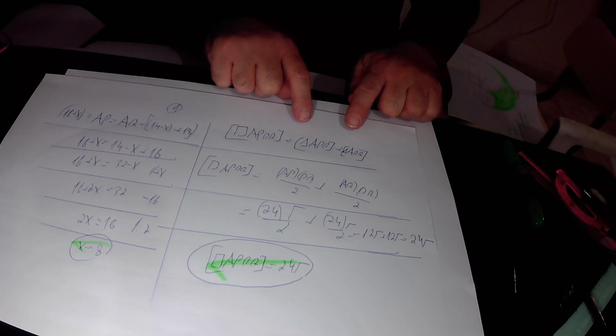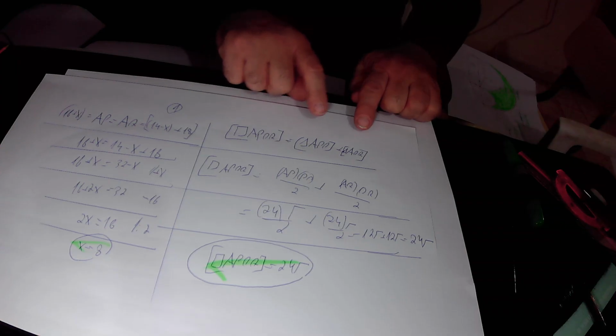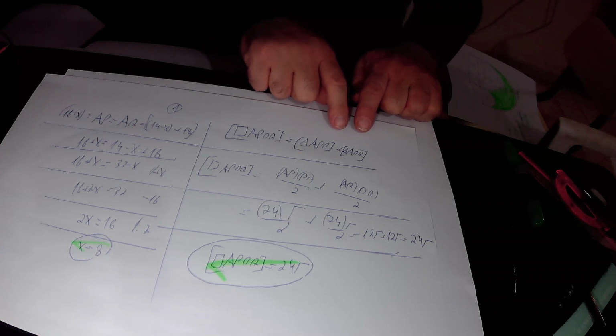That is, it is equal to the area of the first component, the upper right triangle APO, plus the area of the second component, the lower right triangle AOQ.